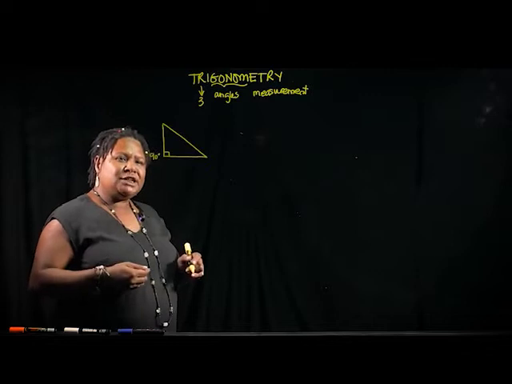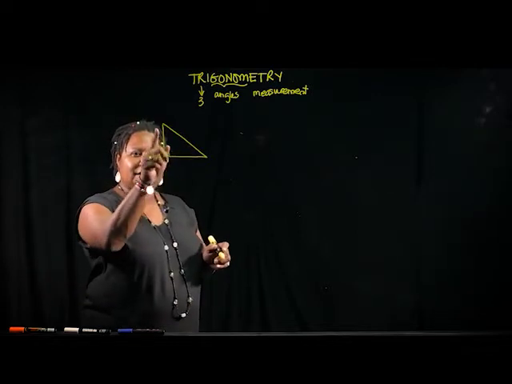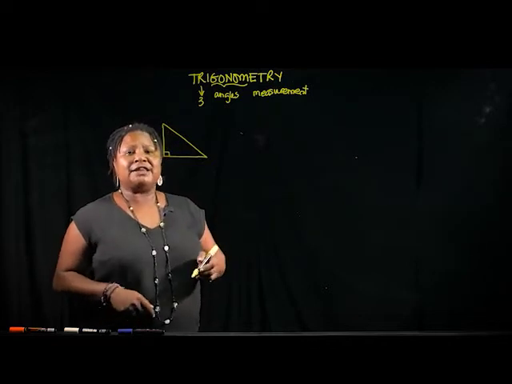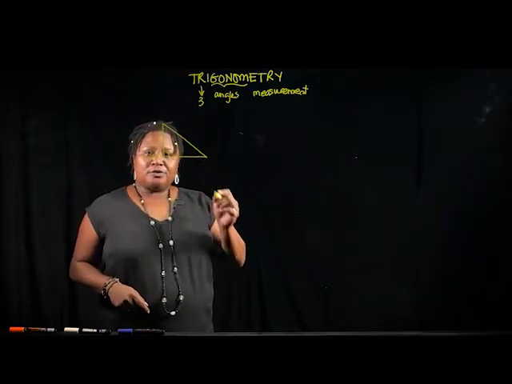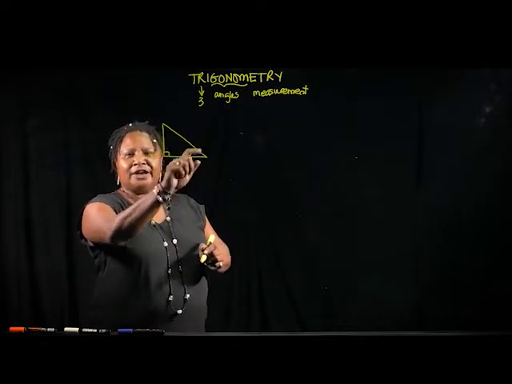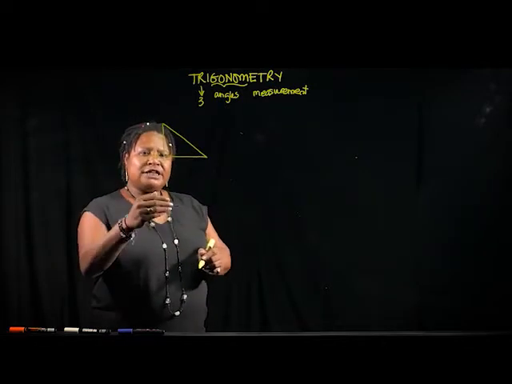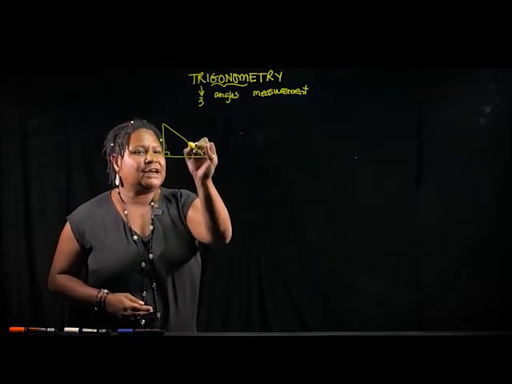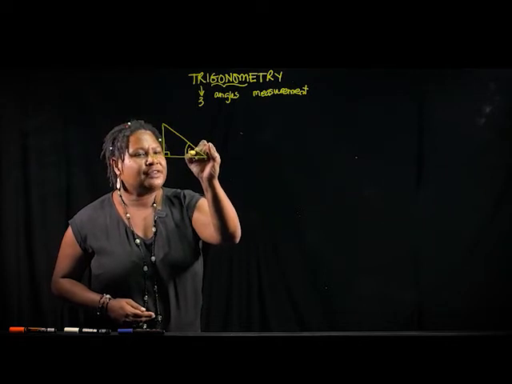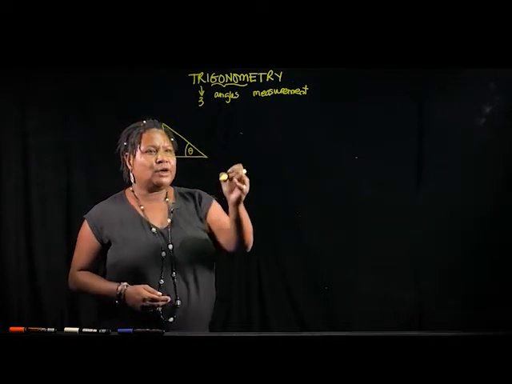The first thing we need to do is identify the sides in this triangle. How do we identify the sides? Through the location of the other angles in the triangle. So for this case, let's say that we have a triangle with this symbol here. What is this symbol?